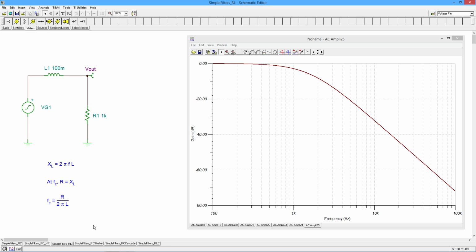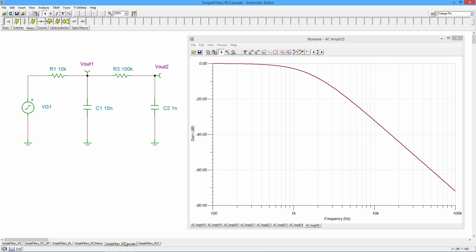Then we can add a little resistance in here to get a shelving response. We can do a cascade, which will give us a faster roll-off, although without a lot of control, we are a little bit limited, but it doesn't have to use inductors.